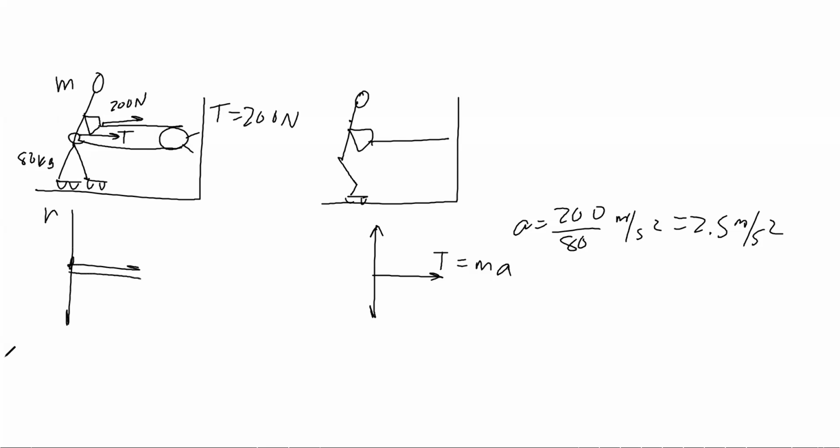And here's the kicker, they're both 200 newtons. So by using the pulley and attaching the rope to the other side of the person's torso, they get double the force. Now this will be 400 newtons equals ma, and so you actually get double the acceleration. You get 5.0 meters per second squared.